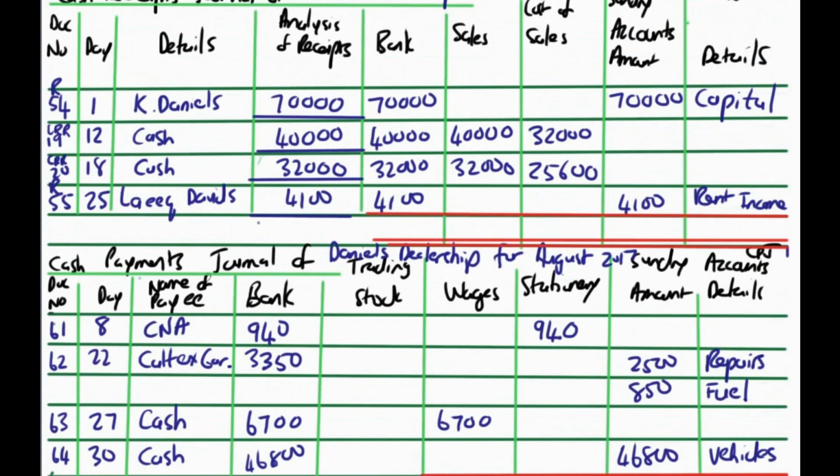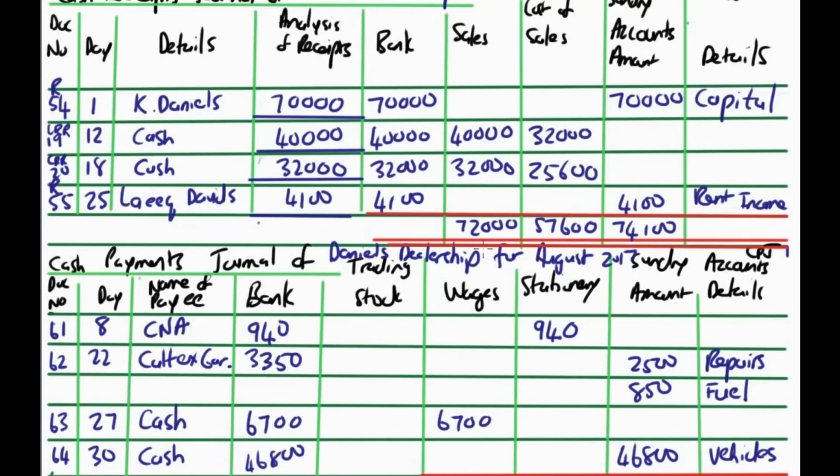So, for example, you've got your total for the sundry accounts column would be the 70,000 plus the 4,100, so that's 74,100. You'd add your total over here. What do we have there? That's a 600. That's a 75. And then here we've got 72,000.